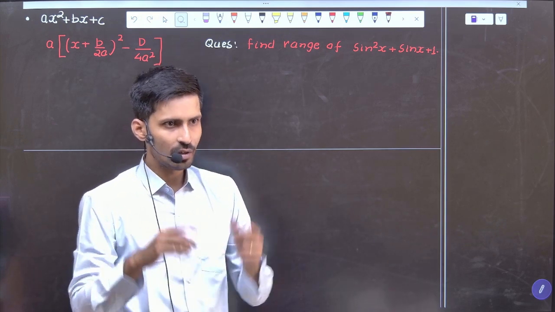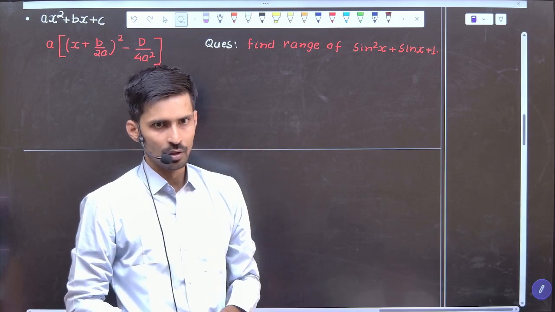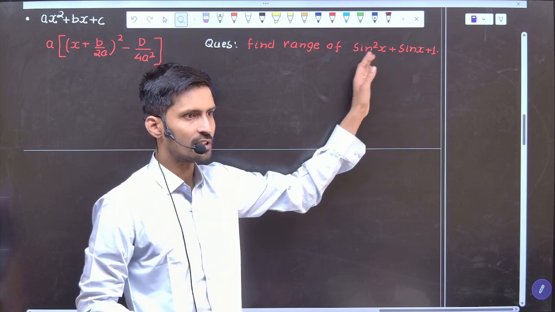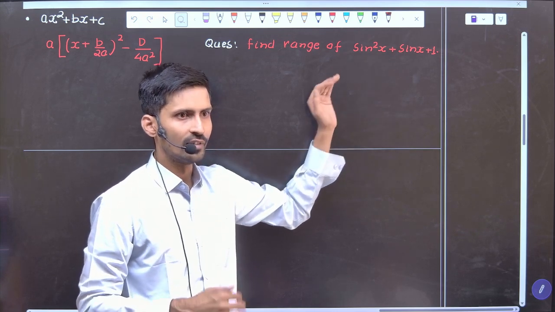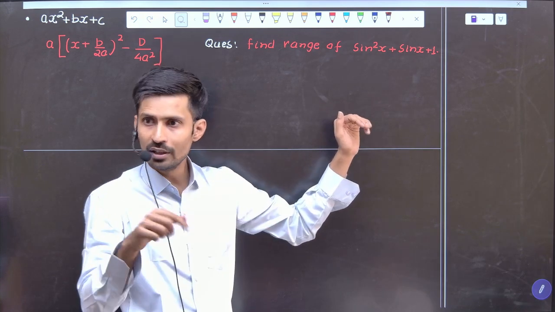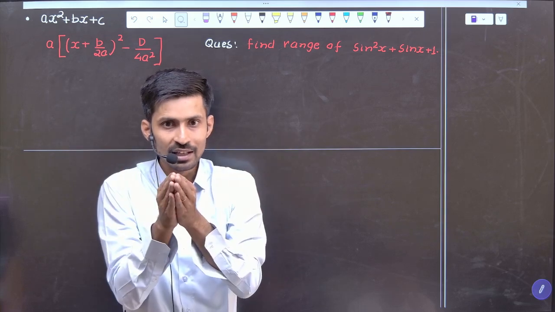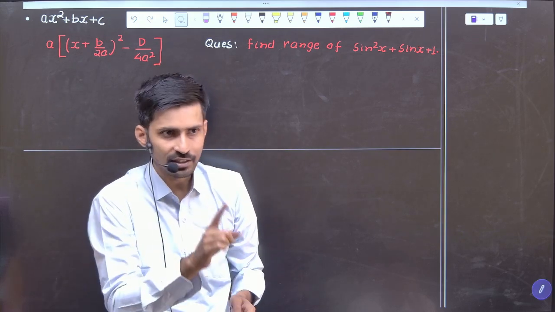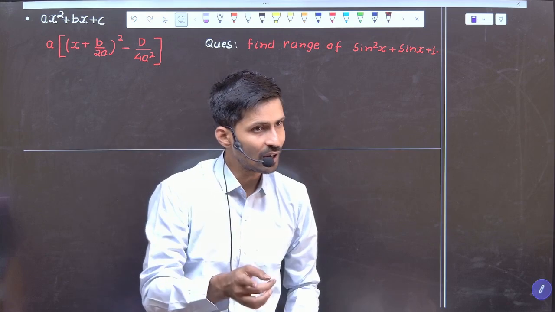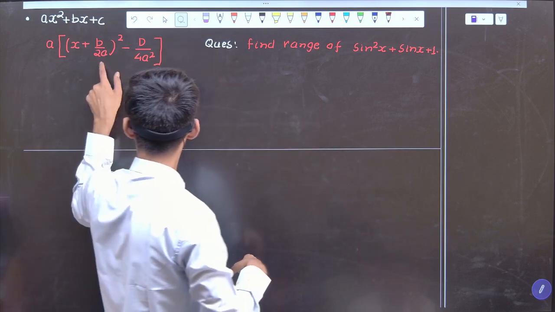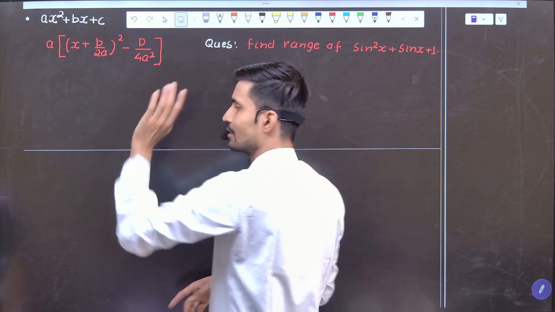It means, sir, now you should think. Acha, one is sin x, one is sin square x. We can apply that technique only when both sin x and sin square x can mix and form only one sin x. Yes or no? Now our formula will come, because this formula is doing the same thing.